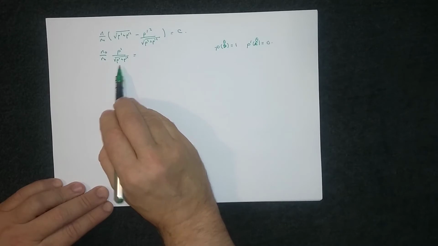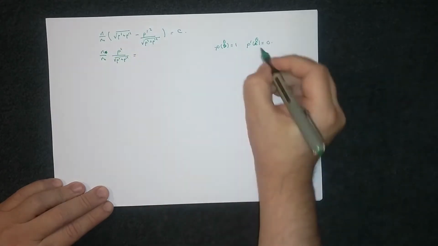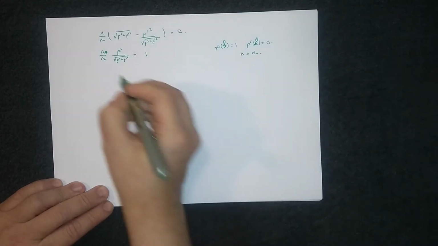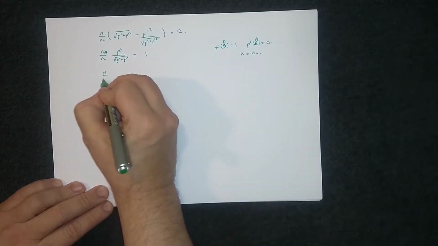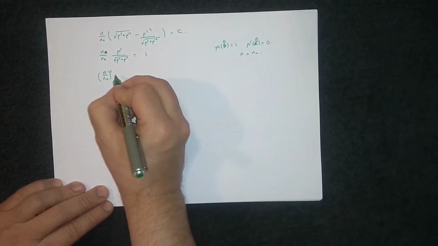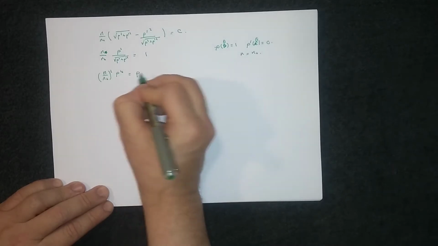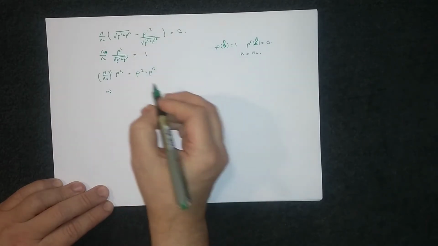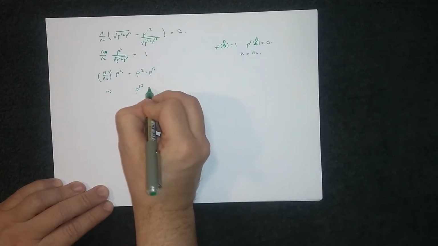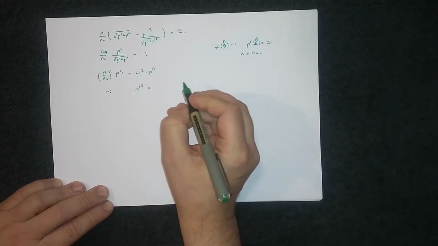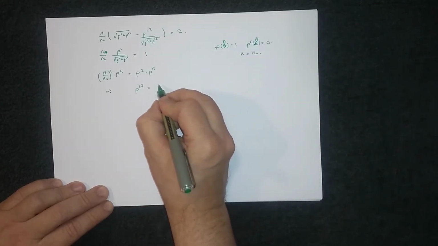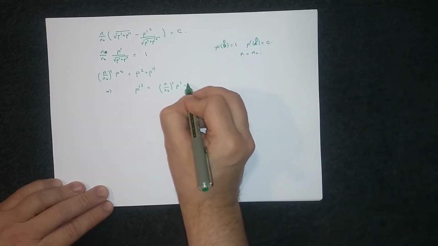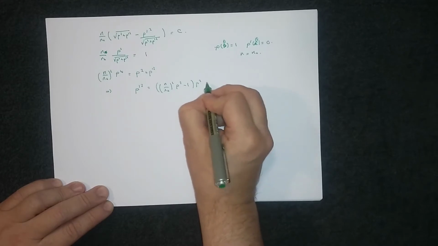So putting that in here and using that n equals n naught at that point gives 1 there. So (n over n naught) squared rho to the 4 is rho squared plus rho prime squared, which implies that rho prime squared is ((n over n naught) squared rho squared minus 1) times rho squared.